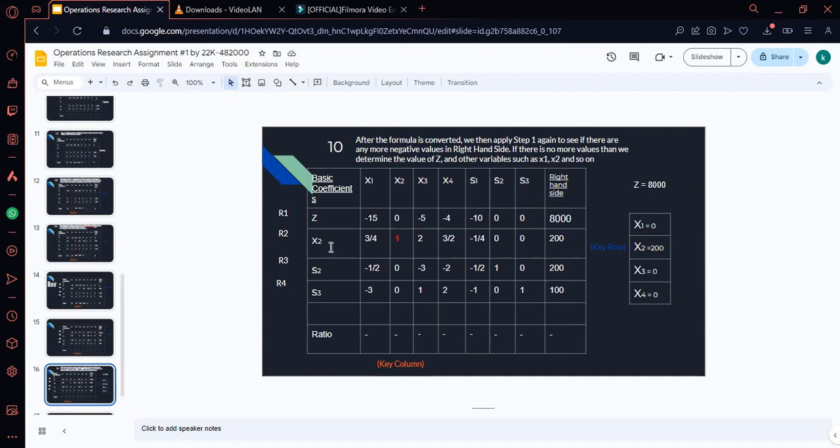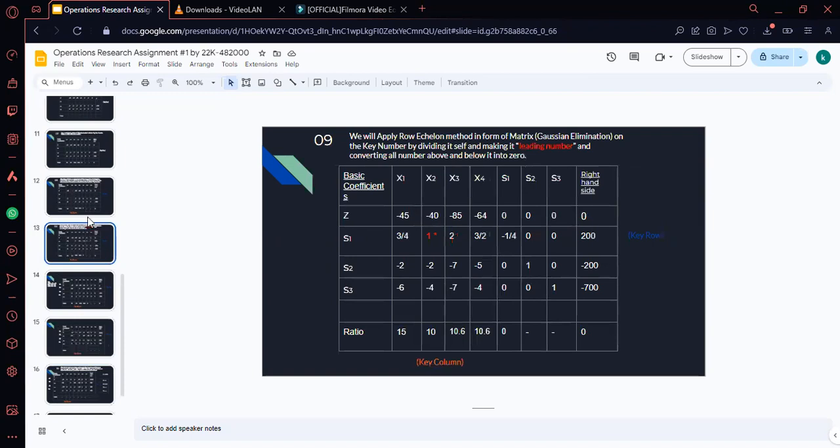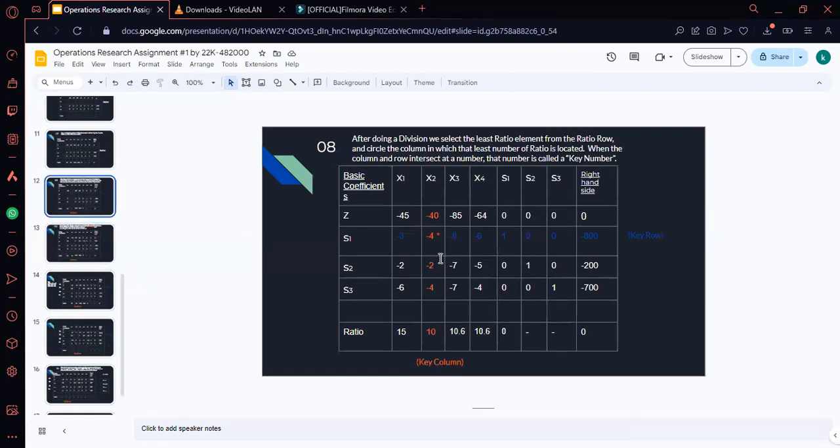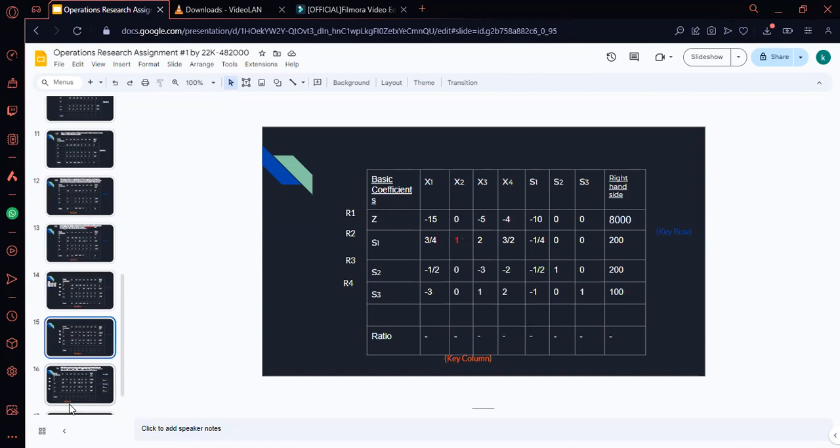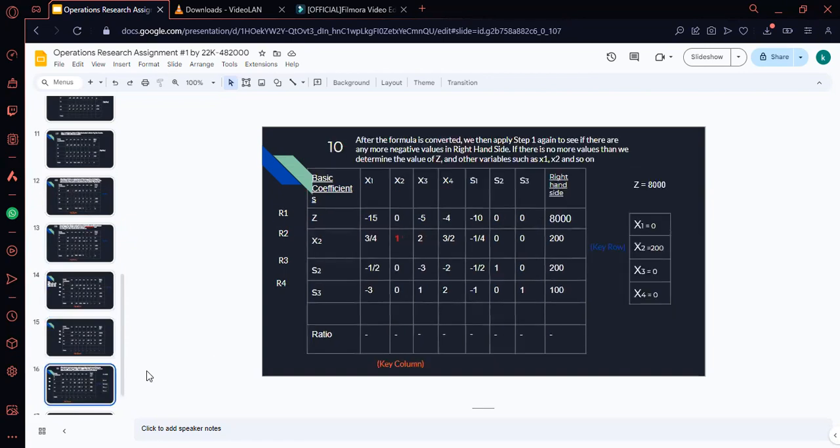You can also see over here that instead of slack variable 1, I have put S2, because the point at which both the key row and key column intersected is in this row S1, which will now be changed into X2. Over here you will now see that we have obtained the values for z and x2.